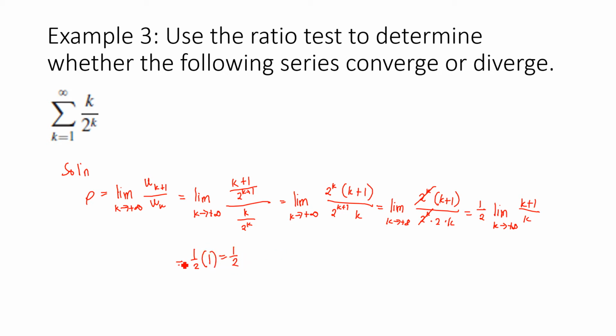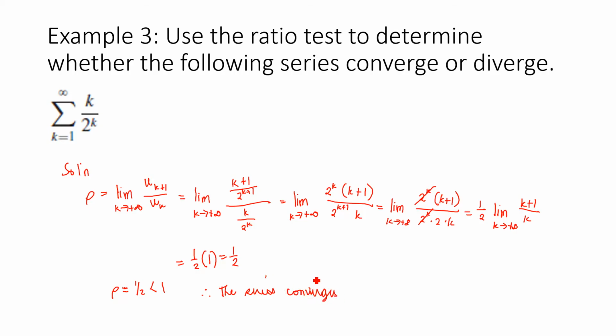So the rho is equal to 1/2, which is again less than 1. So we could now say that the series converges.